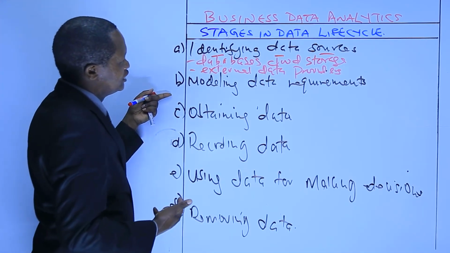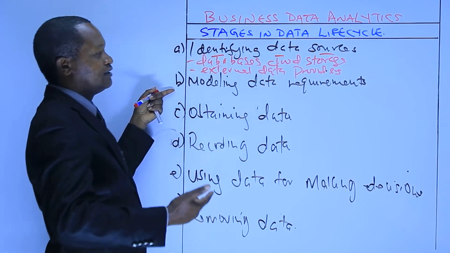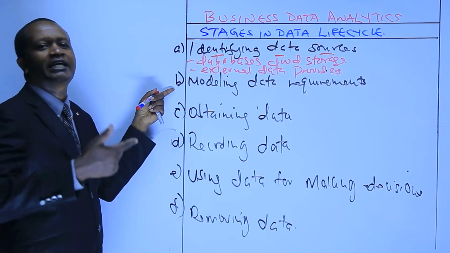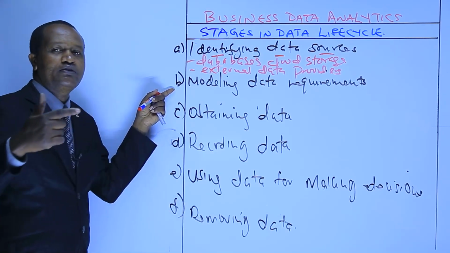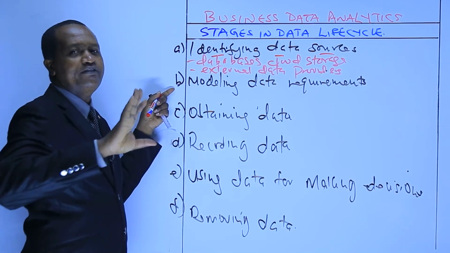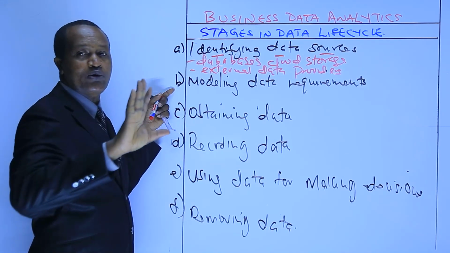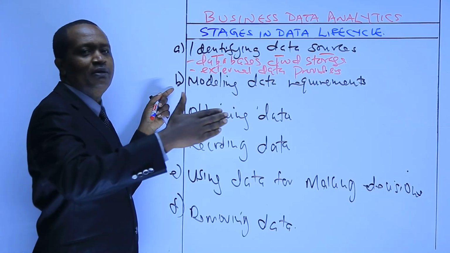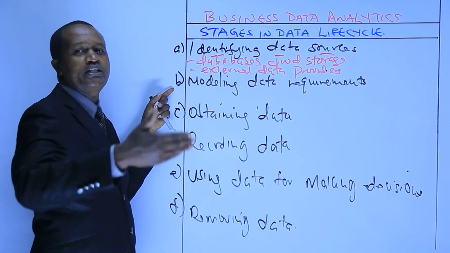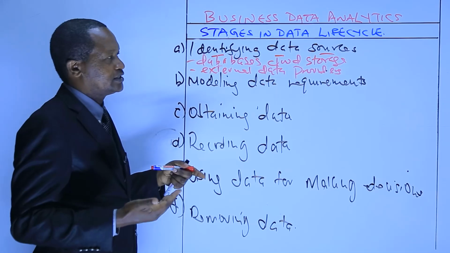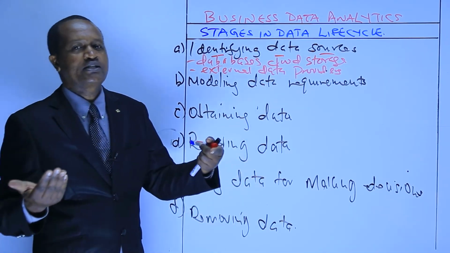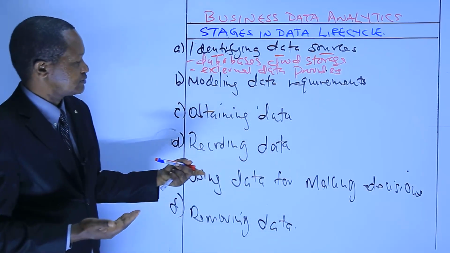Now the second stage is modeling data requirements. Now this stage involves defining the data requirements that are necessary to support business operations, including data formats, data storage, as well as processing requirements.